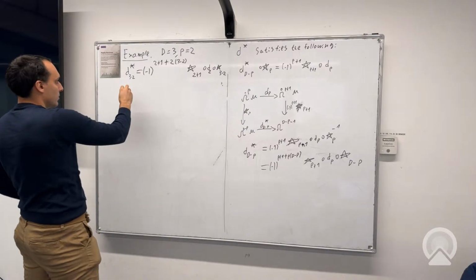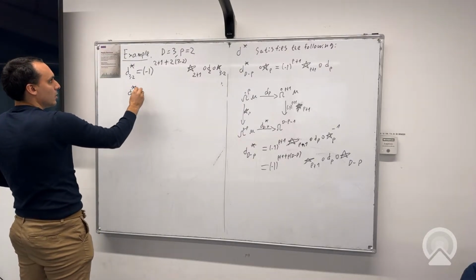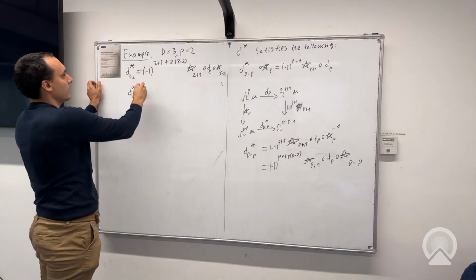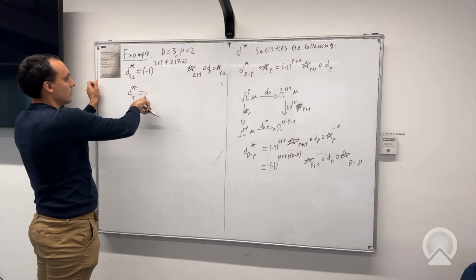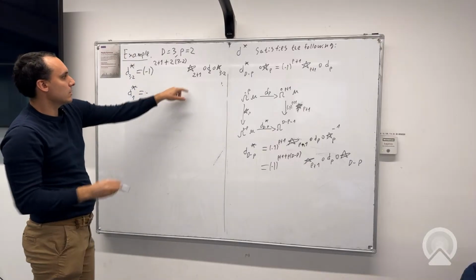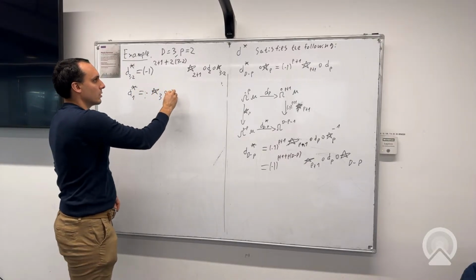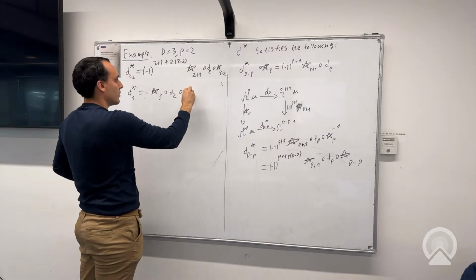And so we have d1 star is minus 1, because this is even and this is odd, minus star 3 composed with d2 composed with star 1.